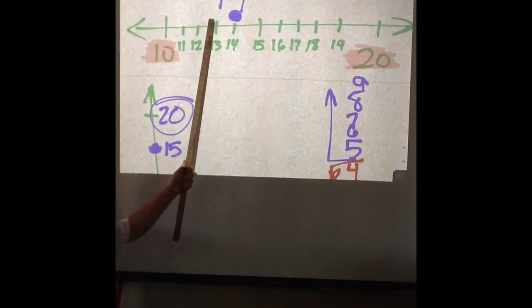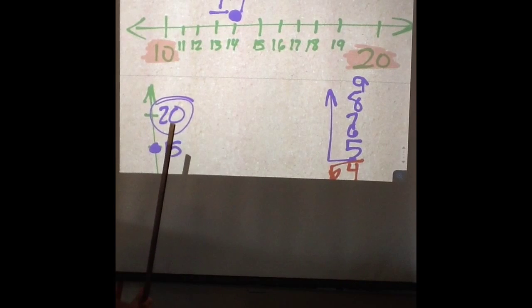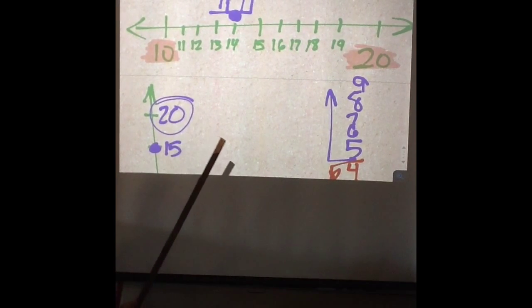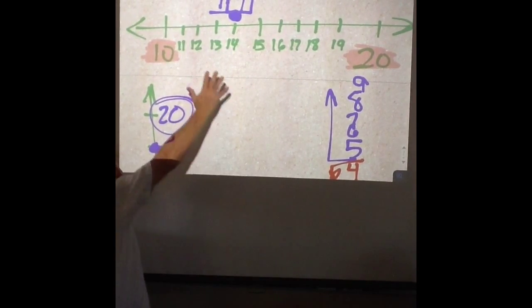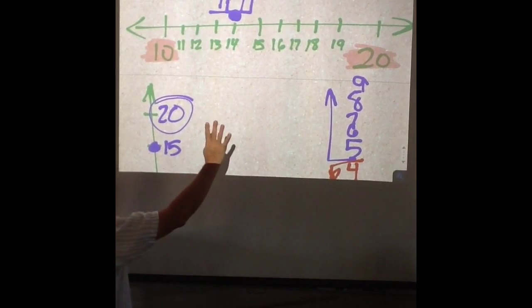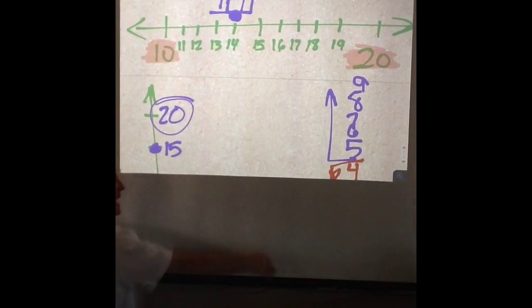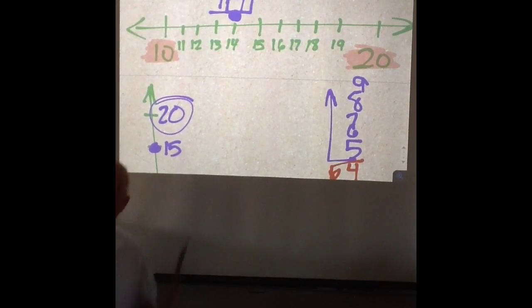So I'm going to underline the 1. I'm going to put a box around the 4, and why am I putting a box around it? Because that's when I do this: 5 or more, I round up. Is this a 5 or more? No. 4 or less, we round down. So we're going to round down to what? To the 10.